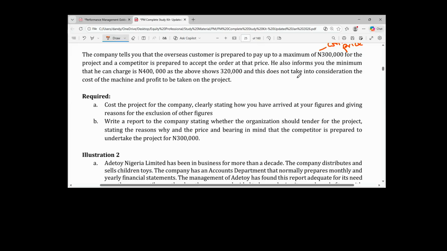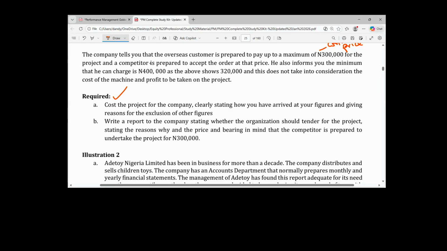Thank you. Yes, thank you very much, Chidera. That is the question. Now, in requirement number A, you are to cost the project for the company, clearly stating how you have arrived at your figures and giving reasons for the exclusion of other figures.